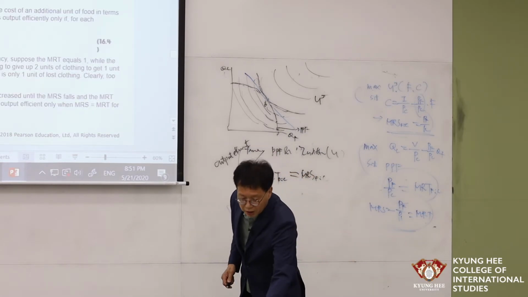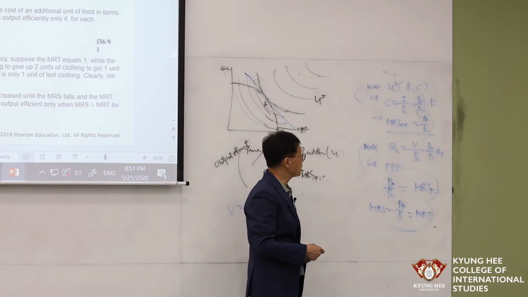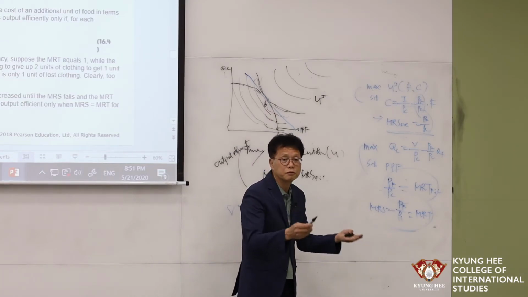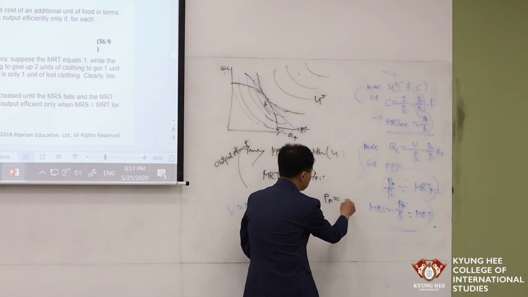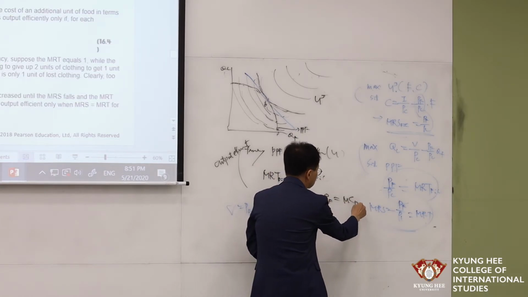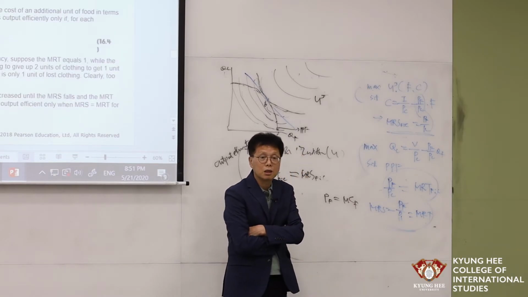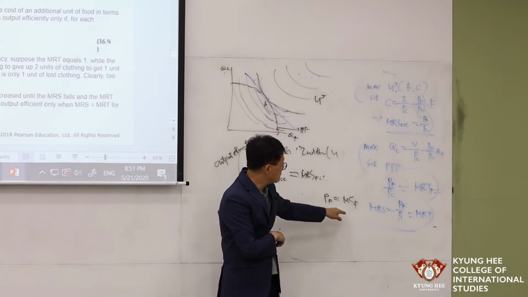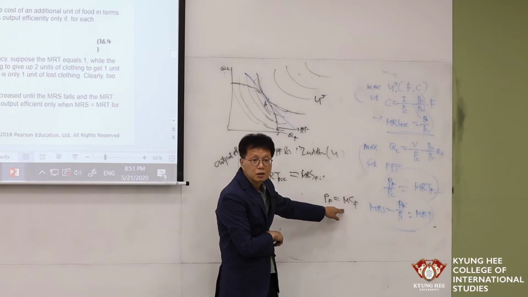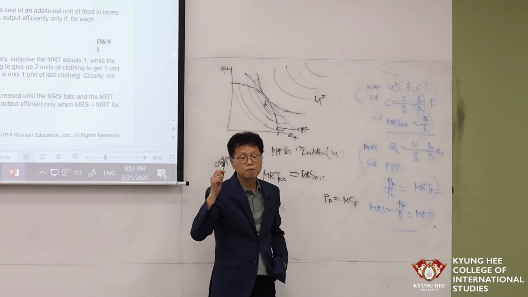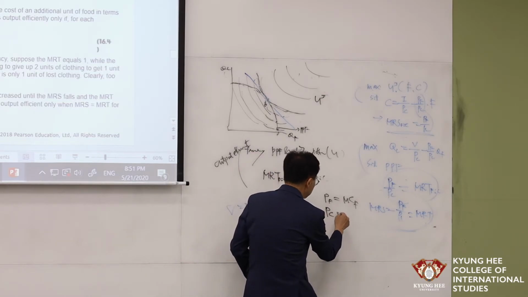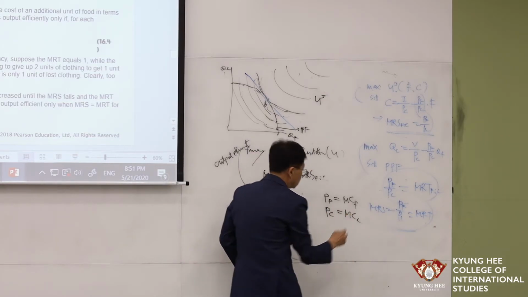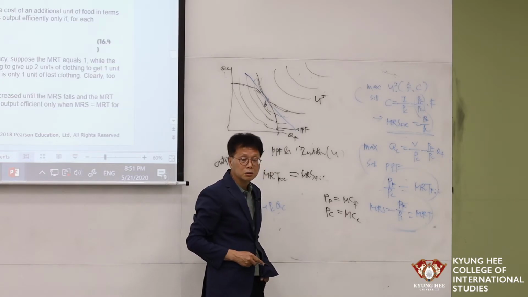Then the profit maximization condition for food production is that PF should be equal to marginal cost in food production, isn't it? And think about the profit maximization condition for clothing production. PC is equal to MCC, marginal cost in clothing production.